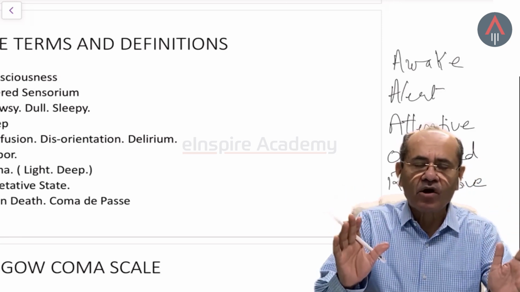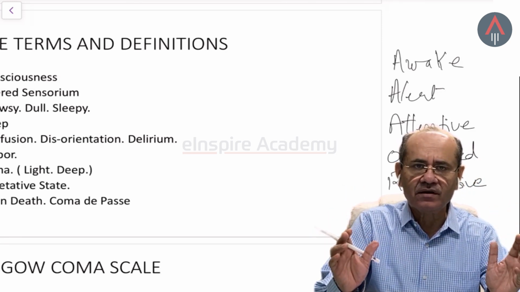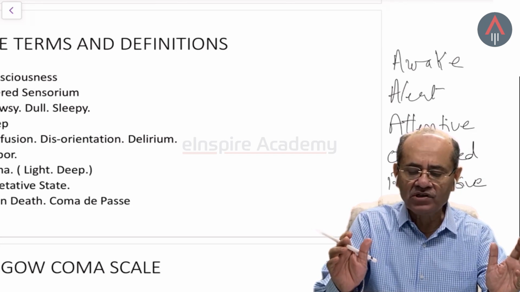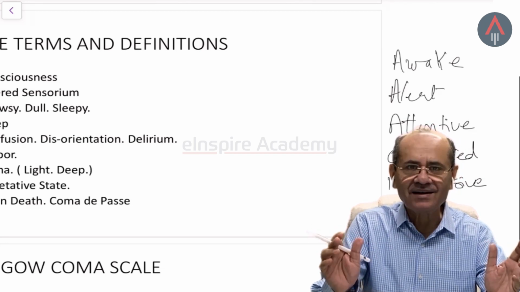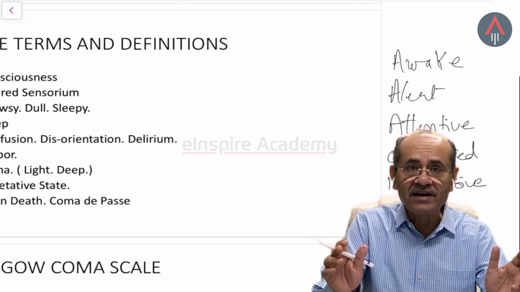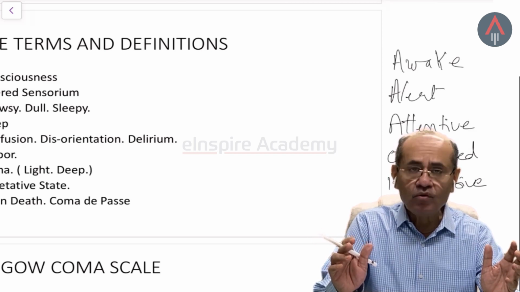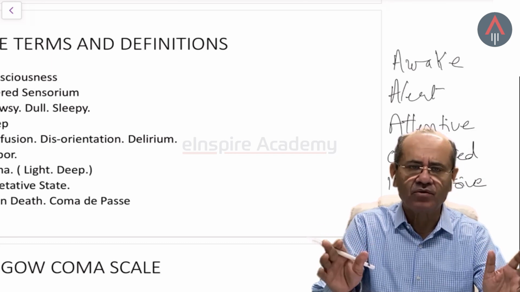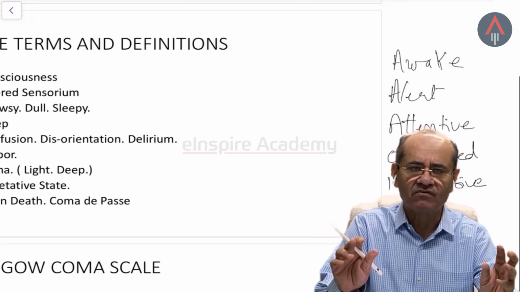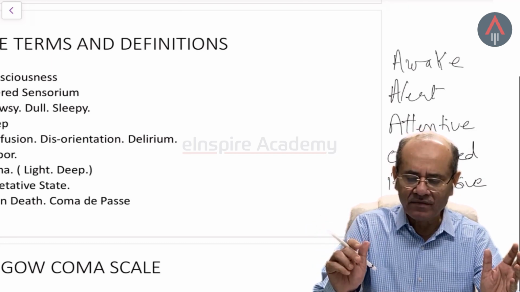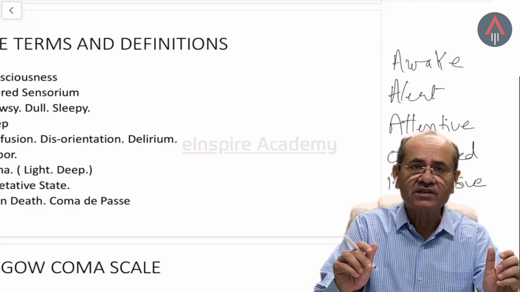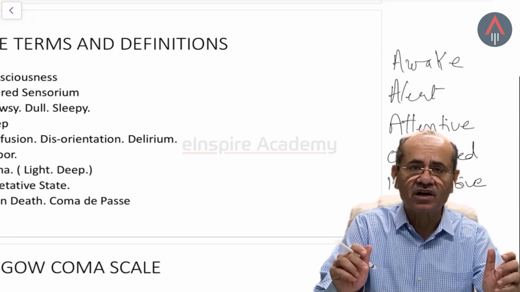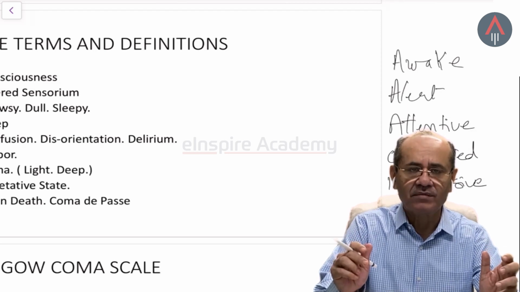So, consciousness is a state of a being who is awake, alert, attentive, and oriented. Now, orientation may be only partial, and I will define the word orientation slightly later. And the one who is capable of responding to external and internal environment.